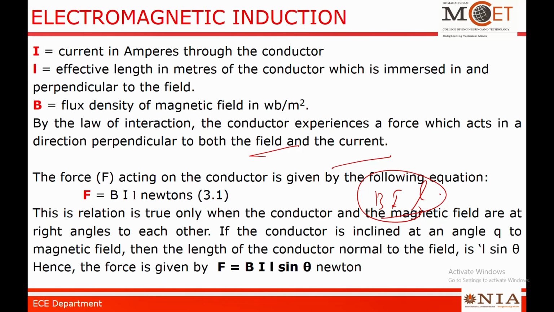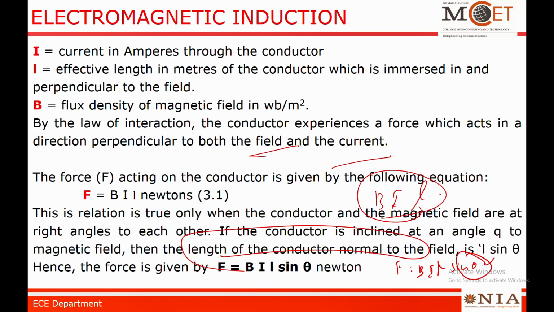Only under this condition is F equal to BIL true. If it is inclined at some angle, say 20, 30 or 40 degrees to the magnetic field, then the length of the conductor is normal to that field, and the equation becomes F equal to BIL sine theta.